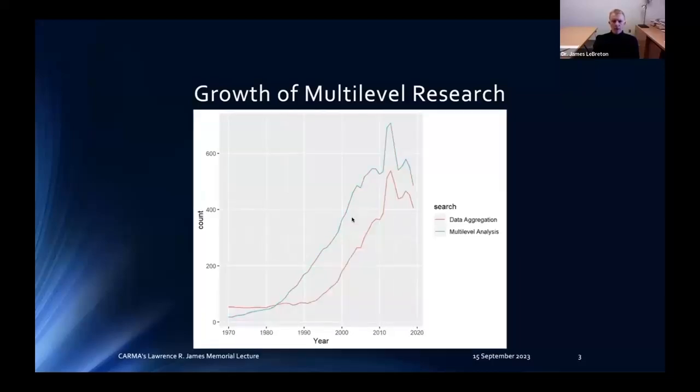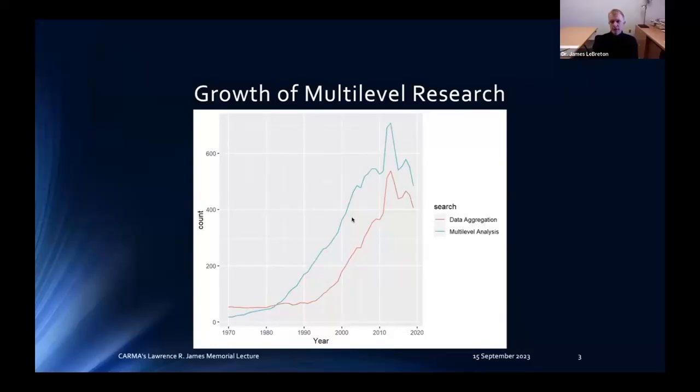And I can also look at a search for data aggregation, and those are pretty much perfectly correlated growth curves. And this really shows that a conversation about multi-level analysis can't really be easily taken separately from a conversation around data aggregation.